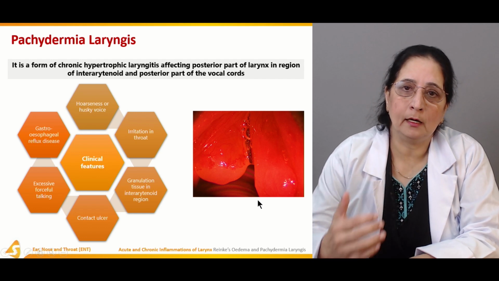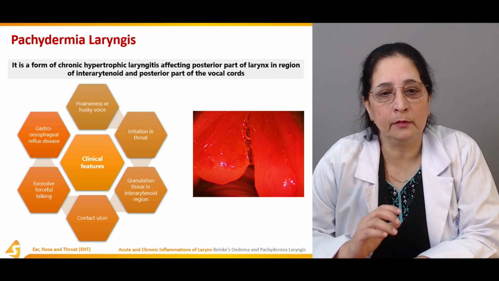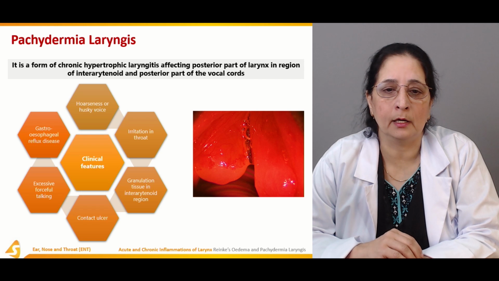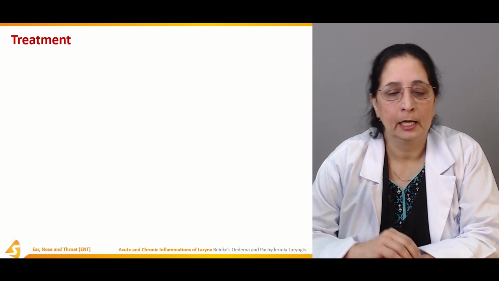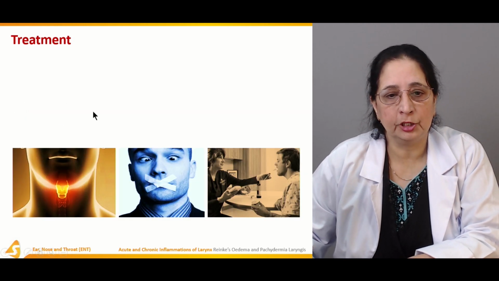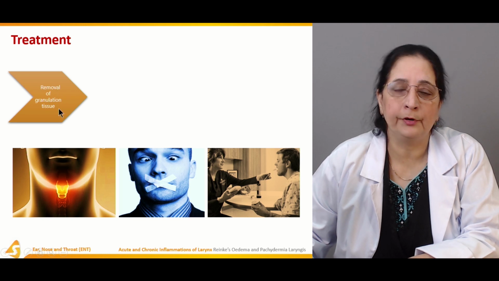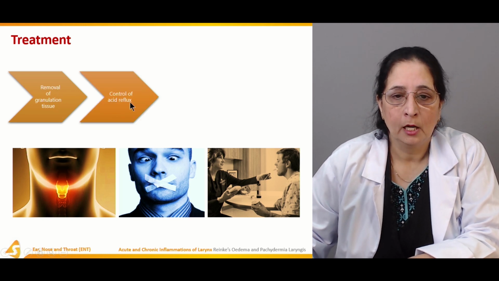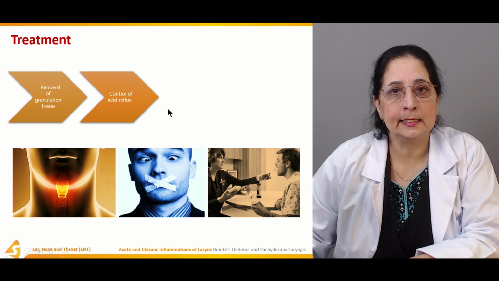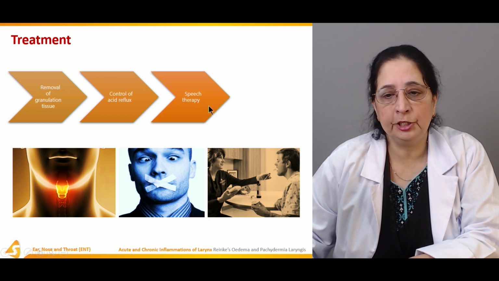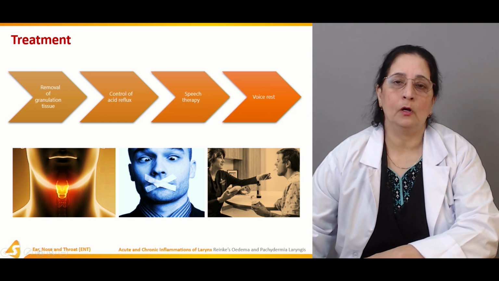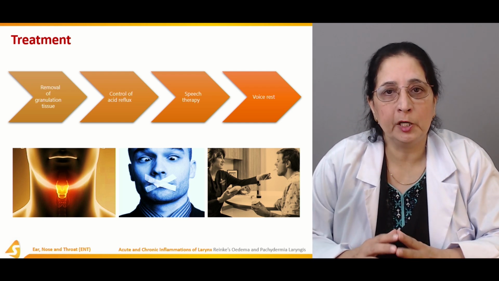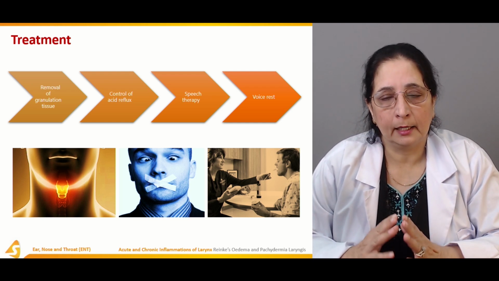So all these are the features associated with Pachydermia laryngis. Treatment of this condition is removal of granulation tissue, control of the acid reflux, speech therapy, voice rest. All these are important treatments for the condition.